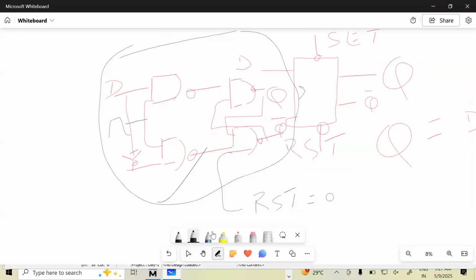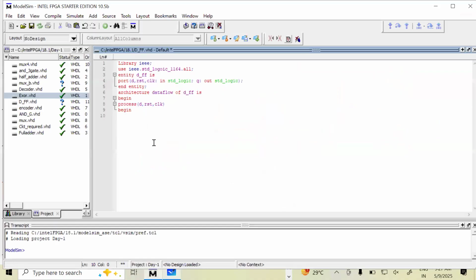If RST is 1, then this D flip-flop circuit will respond as per the input. So you have to take care about the structure of D flip-flop also. Before programming, you should know the architecture of the thing which you are coding. You must be knowing that. So let us see.